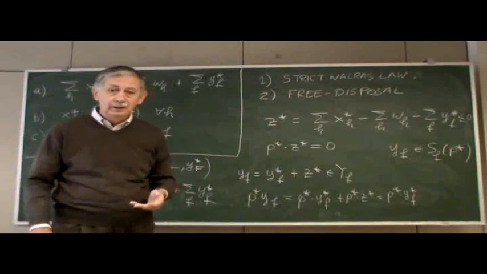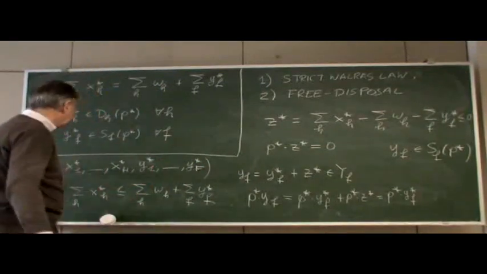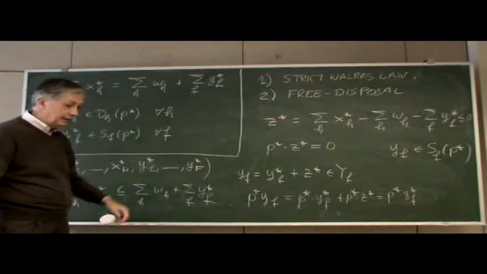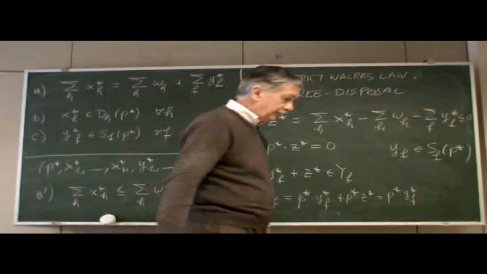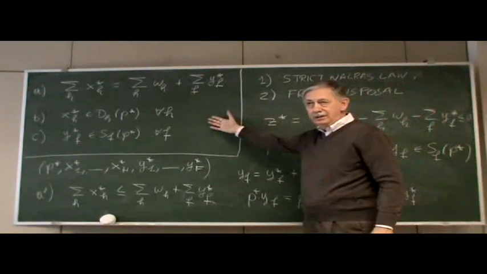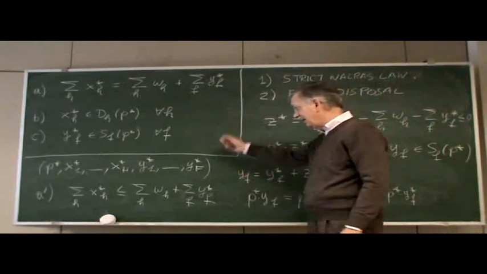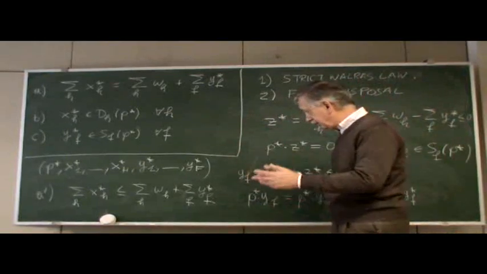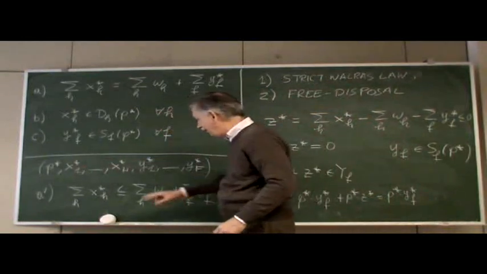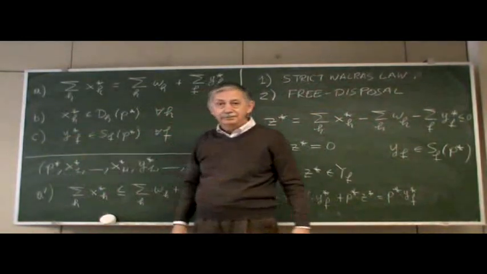And you prove the existence of another large vector which verifies A. The conclusion is, in order to prove the existence of equilibrium in the general sense, the proper sense, it is sufficient to prove the existence of a large vector which verifies A prime, B and C.